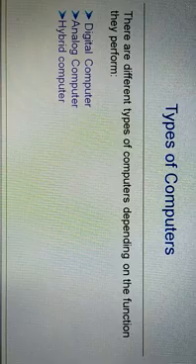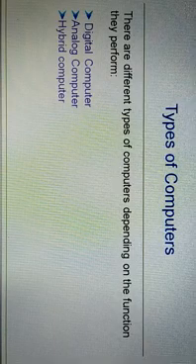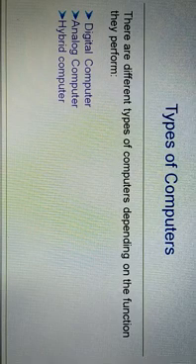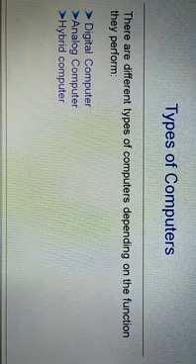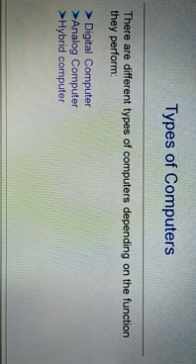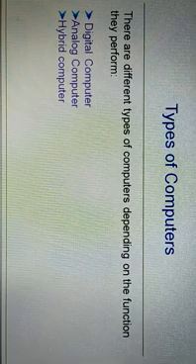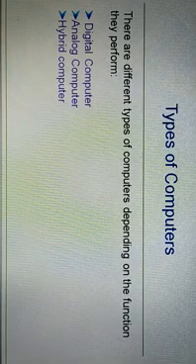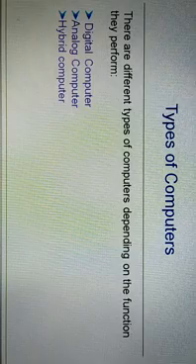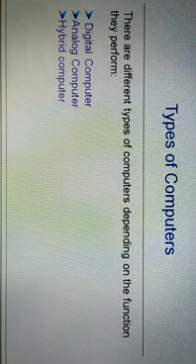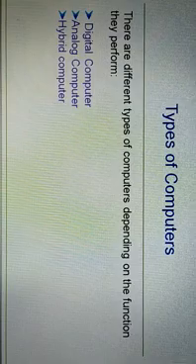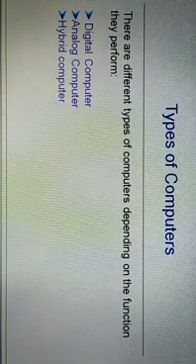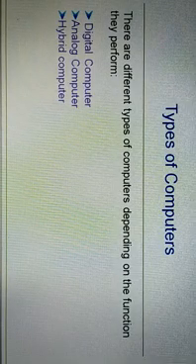In fact, this is the classification of computers based upon their purposes and functions. Although computers can also be classified by their size, today we just discuss the types of computers depending on the functions they perform.